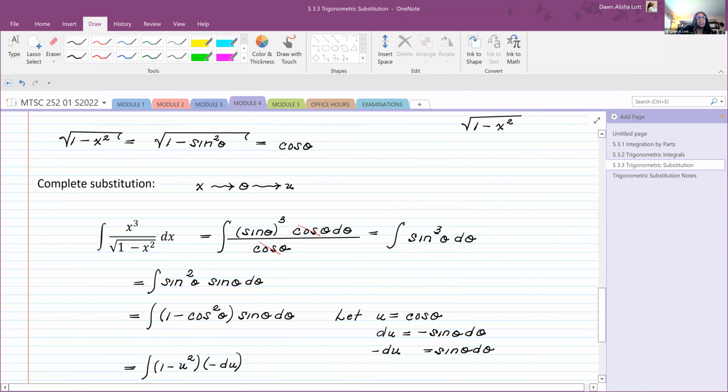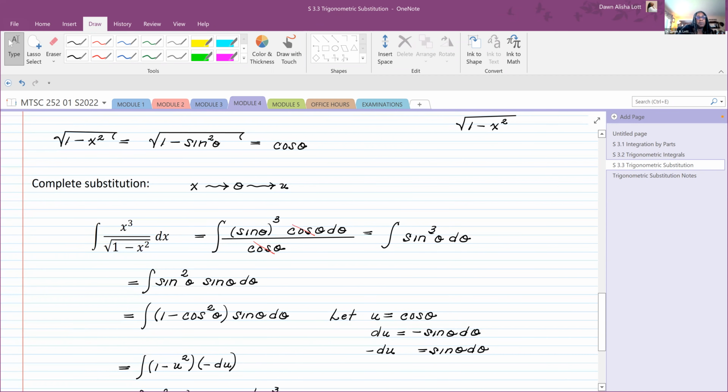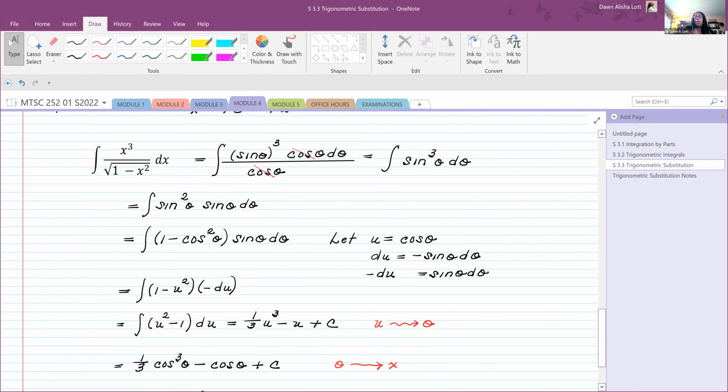Then we plugged everything in, so we did a complete substitution. So x cubed was sine cubed theta, dx was cosine theta d theta. The square root of 1 minus x squared was cosine theta. The cosines canceled, we got sine cubed. Now we're back in section 3.2.